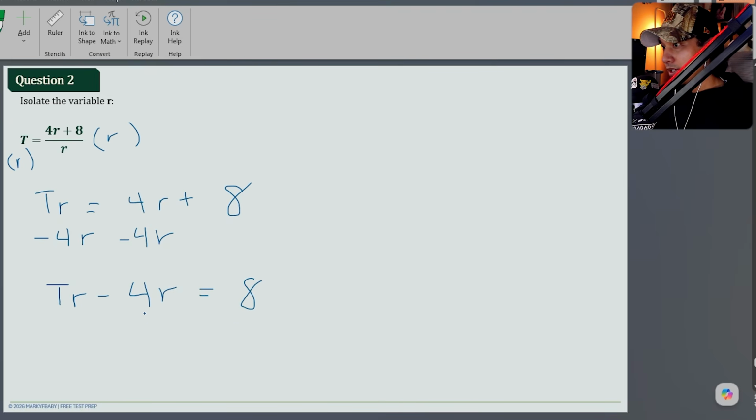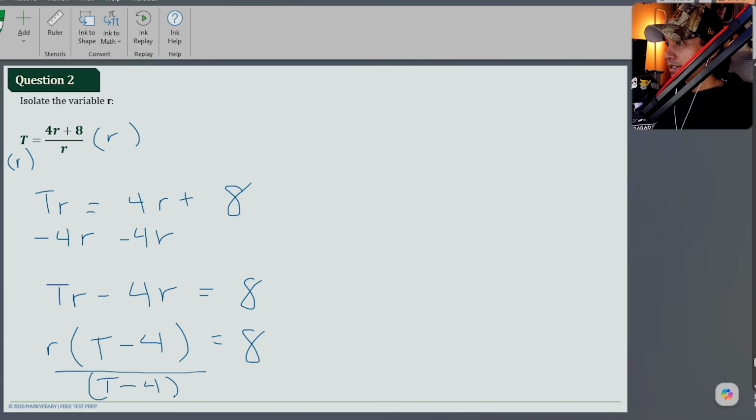Now I'm going to pull out the R. I'm going to factor out the R, which leaves me R times T minus 4 equaling 8. And then from here, it's really easy. All we're going to do is divide by T minus 4 on each side, isolating the R. Cancel this out, and then what we're left with is just this.